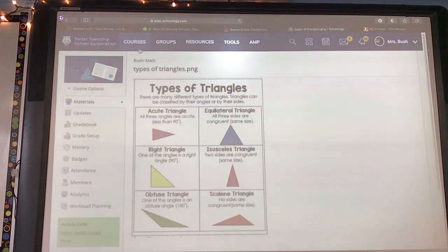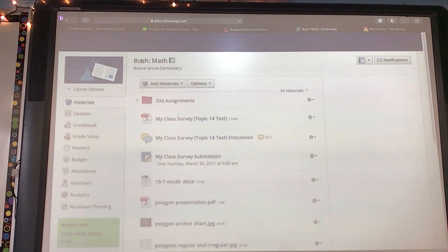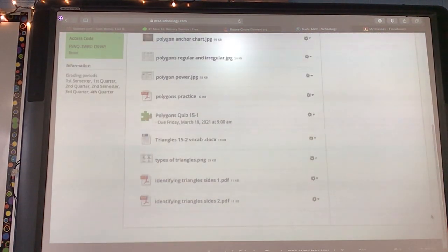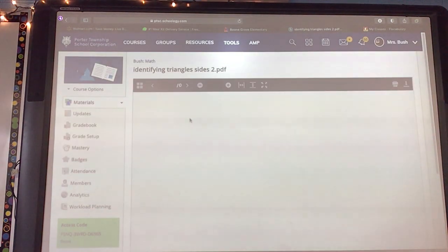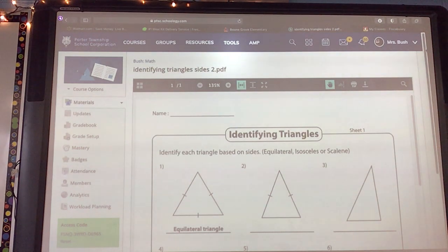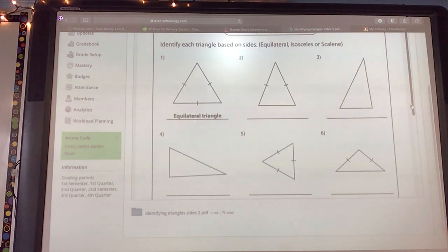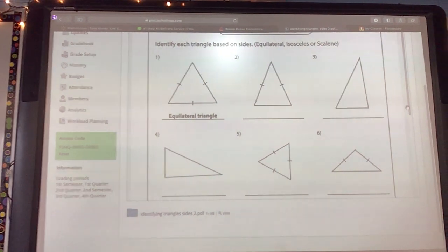All right, so let's do some practice in your math notebook. Write down number 1. Oh, number 1 they did for us. All right, so we have some triangles here, guys.